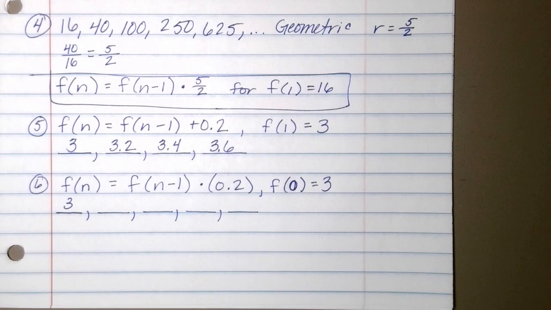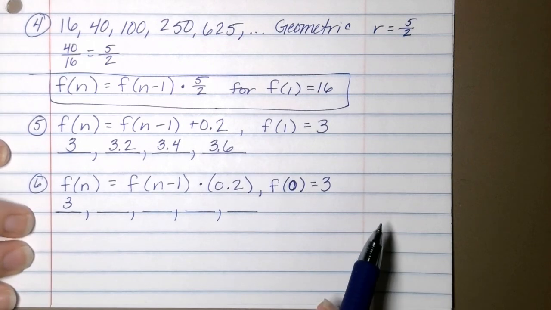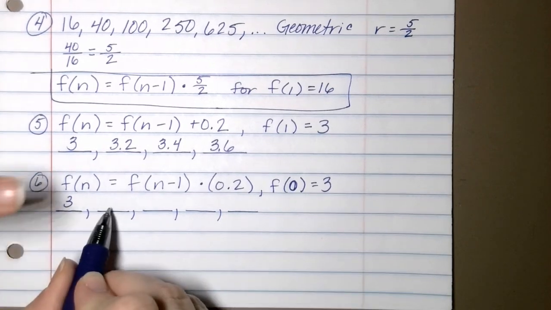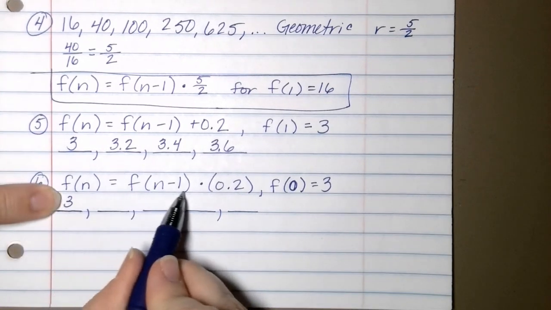Good answer. Okay, so what am I going to do here? To find the next term, I'm going to take this one and I'm going to do what? Multiply it by 0.2.